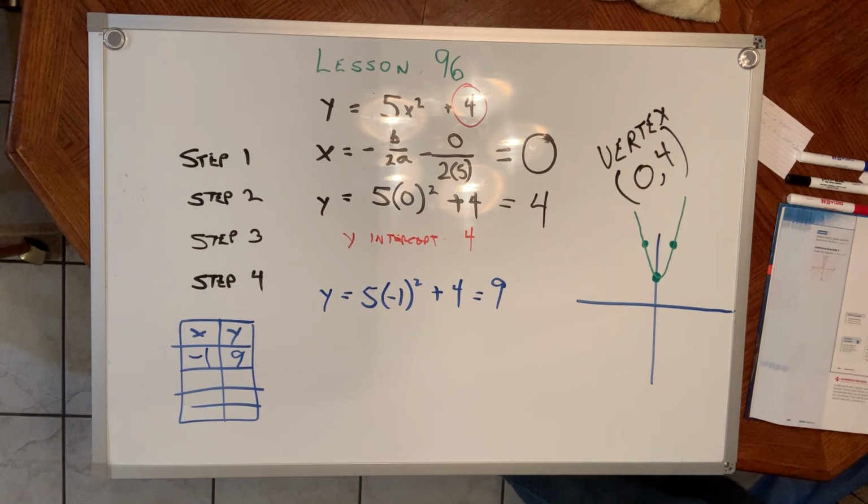Now, example number 4 says finding the zeros of a quadratic function. Now, this one right here is actually pretty simple. Once again, are there any zeros? In this case, no, there's no zeros. But on number 4, you see it says use a graphing calculator to make your life easy.